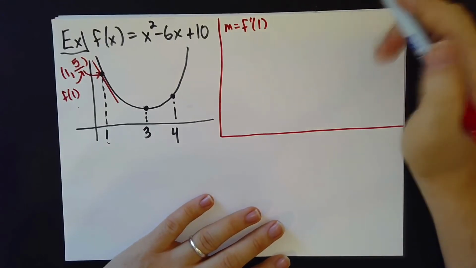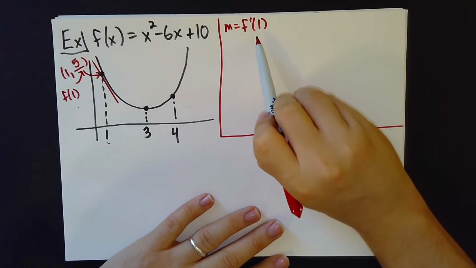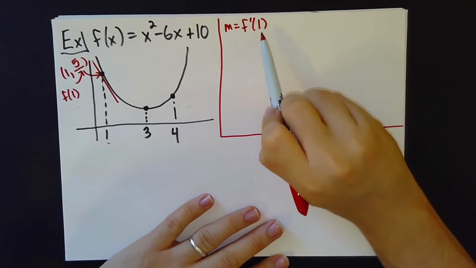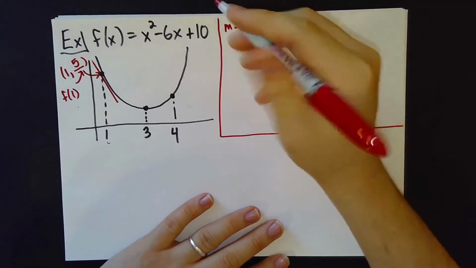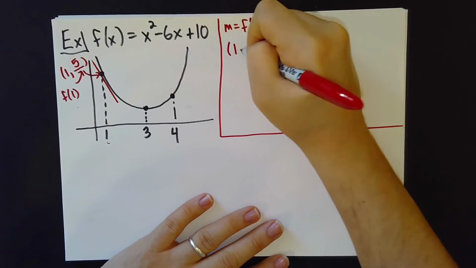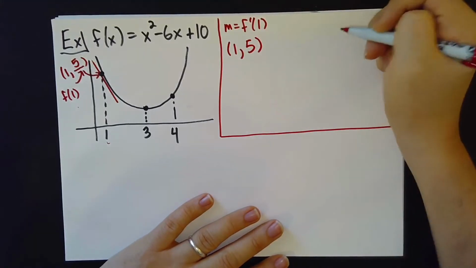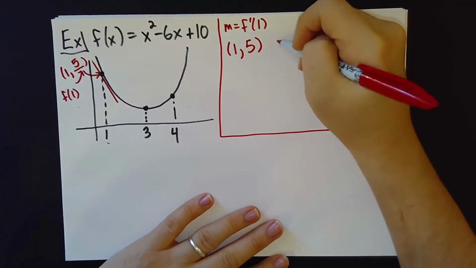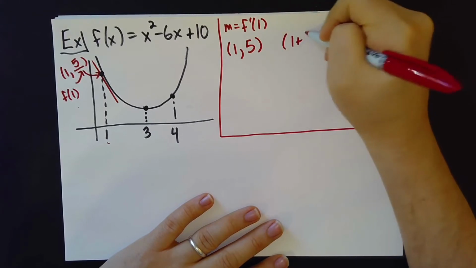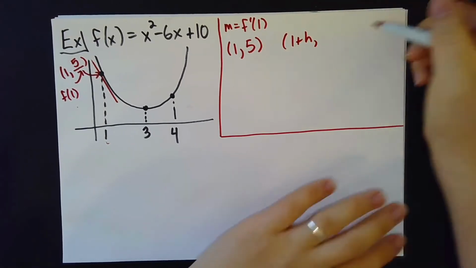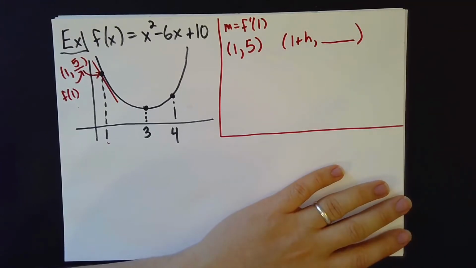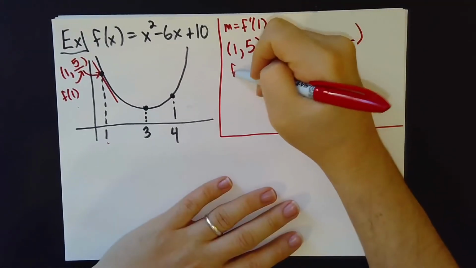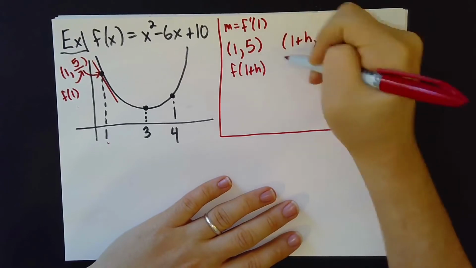And so I need to calculate this f prime of 1 exactly in the way that I did in the previous videos. So namely, I've got the point (1, 5), and then the point (1 plus h, and I've got to figure out what goes there). So that's going to be f of 1 plus h.